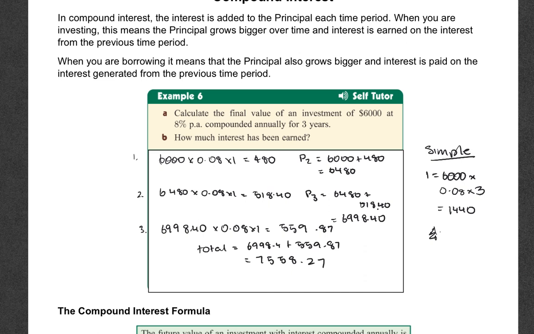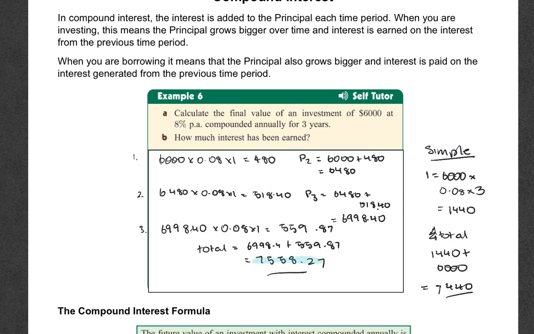So he would have ended up with $1,440 in interest and a total of $1,440 and $6,000. So more interest with the compounded version.